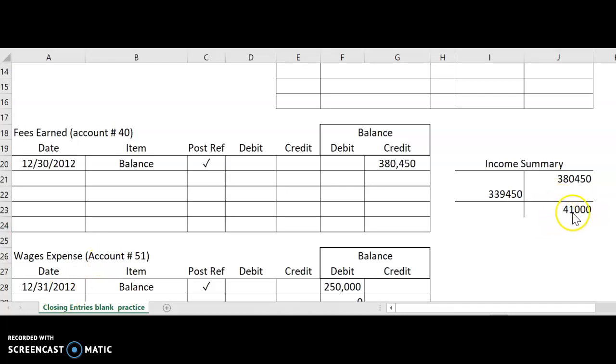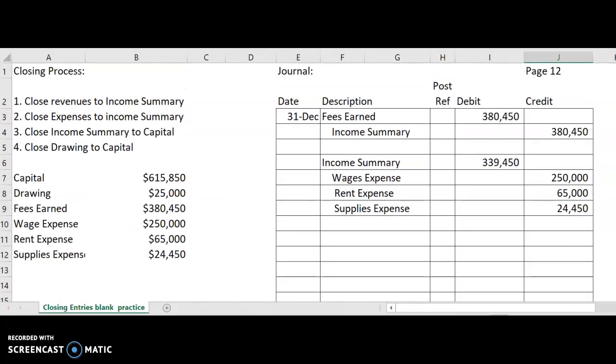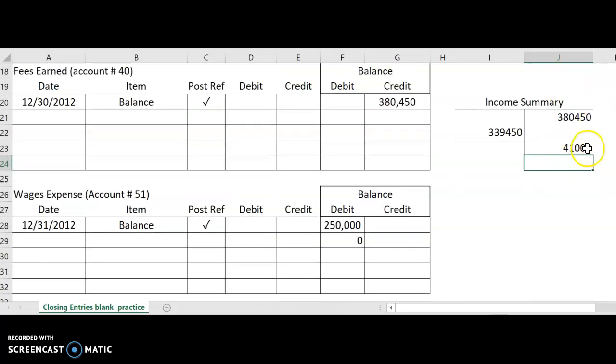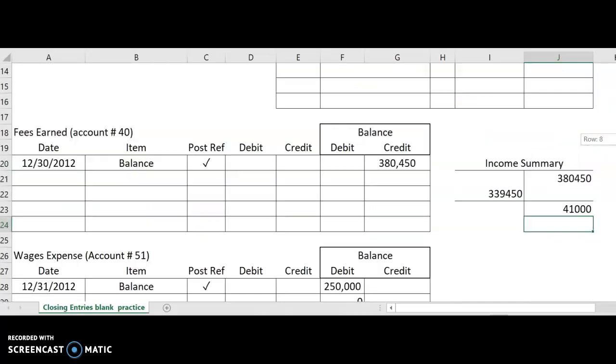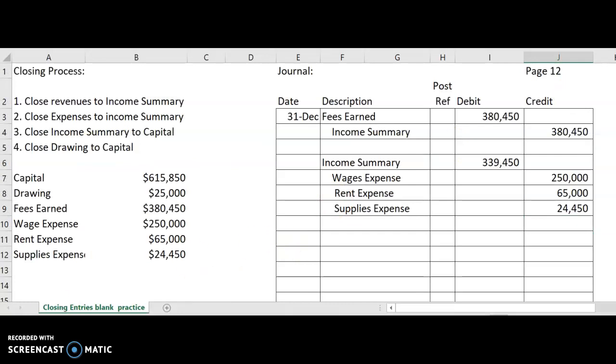Now that I know that income summary has a credit balance of $41,000, I am ready to complete step 3, which is close income summary to capital. Since we have a credit balance in income summary, if we want to get this balance down to 0, we would have to do the opposite and debit it for $41,000.